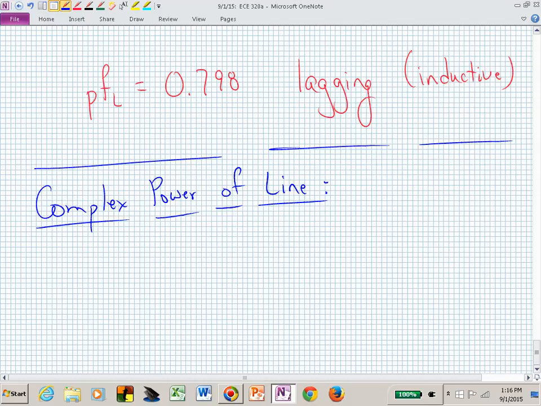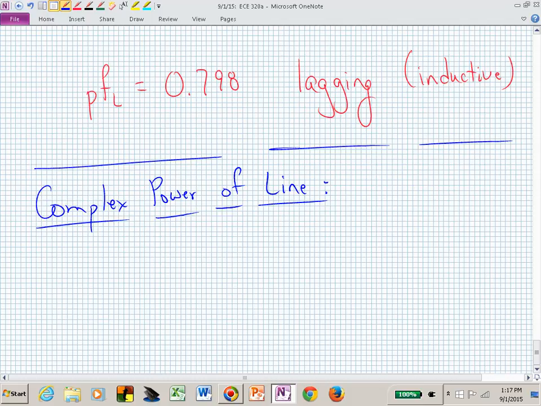You have complex power in this circuit. Some of that power is supplied, some is absorbed. The supplied has to equal the absorbed. The transmission line and the load are all absorbing power. The voltage source is supplying all of that power. If we want to know what the transmission line is absorbing, we can compare what the source is supplying with how much was demanded by the load.